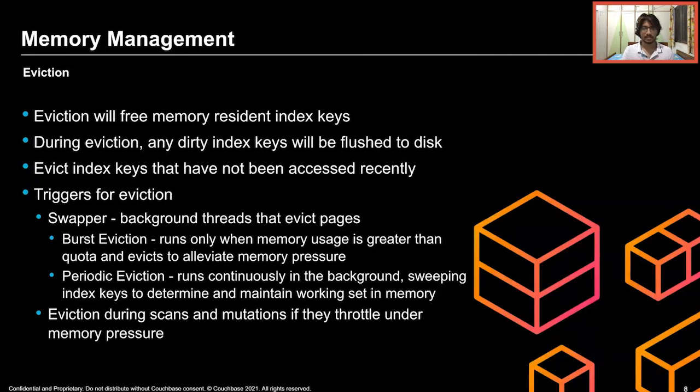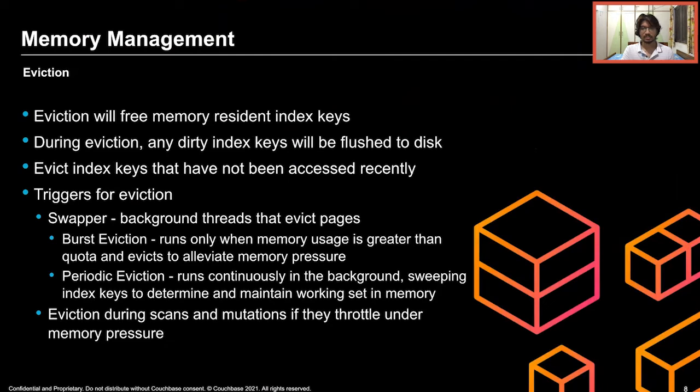Eviction has many triggers. It's mainly triggered through the swapper, which is a background component that evicts pages. The swapper does two types of eviction: burst eviction and periodic eviction. Burst eviction comes into play only when the usage is above the quota and evicts pages to alleviate memory pressure.